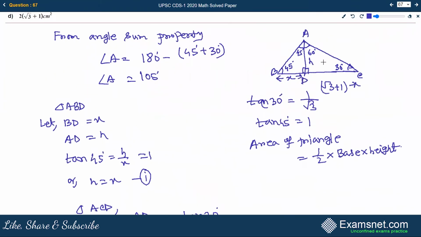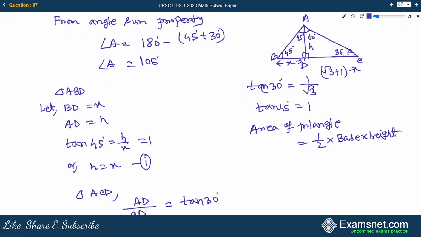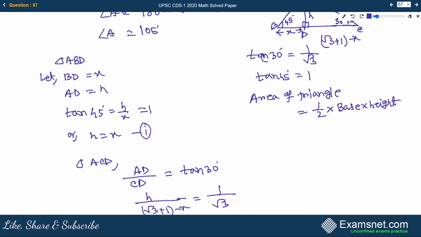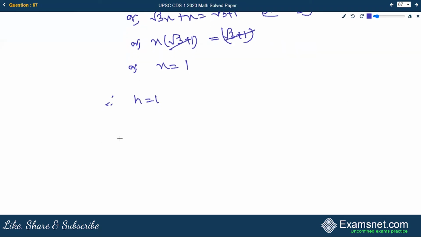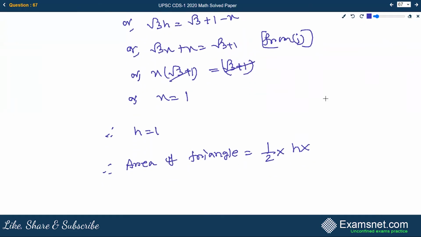So here h is the height of the triangle. Now we know how to find the area, half into base into height. This AD height is lying on the base BC. Therefore, area of triangle is half times height h multiplied by base BC.